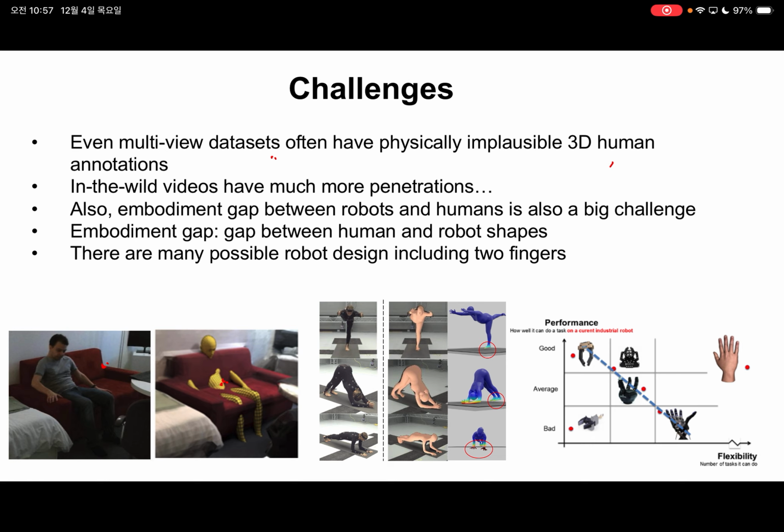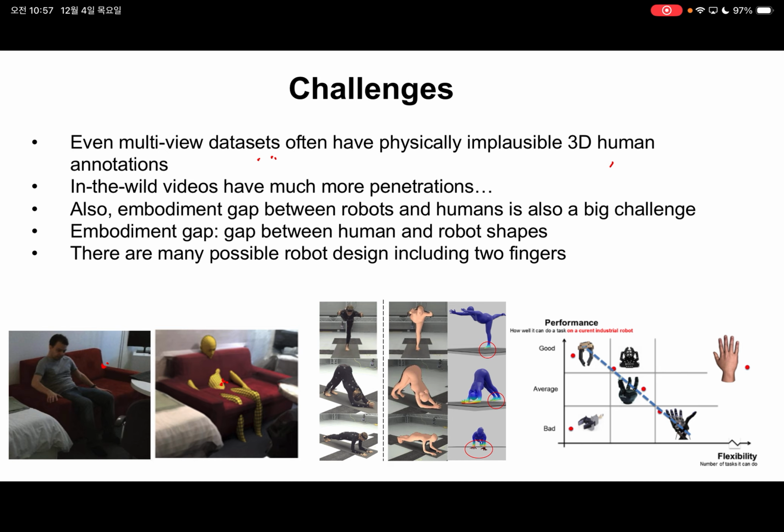Even if we use multiple datasets, we have cameras, but the camera is only capturing the visible surface. It cannot capture the invisible surface, right? So even if we use multiple datasets, we often have physically implausible 3D human annotations.